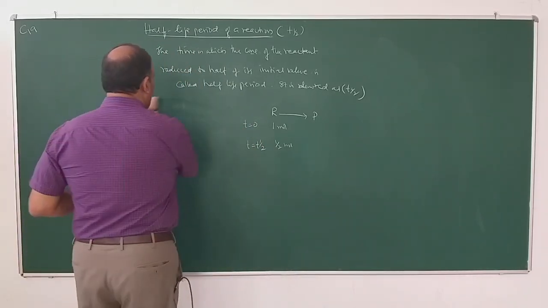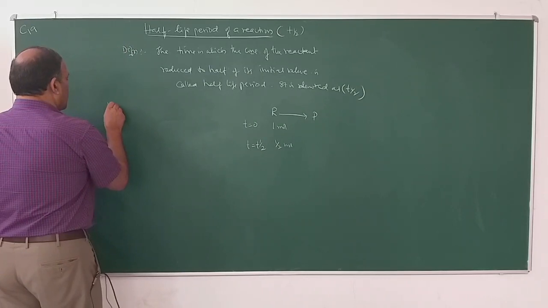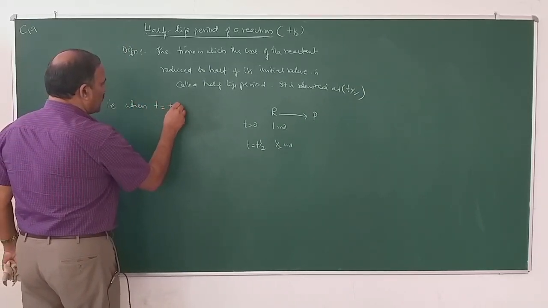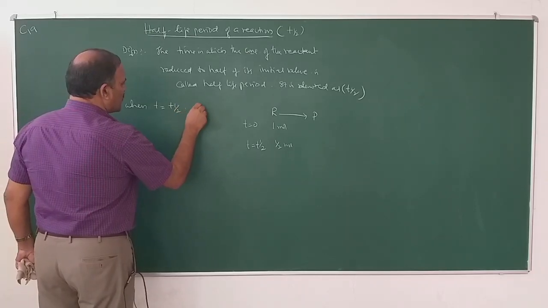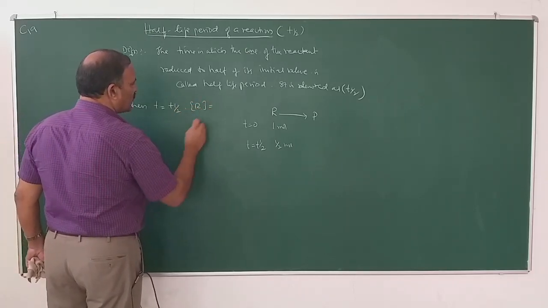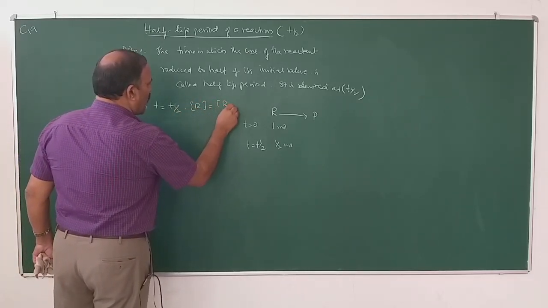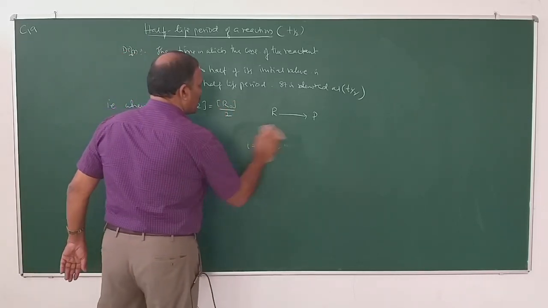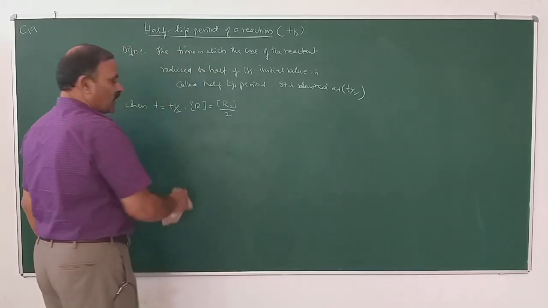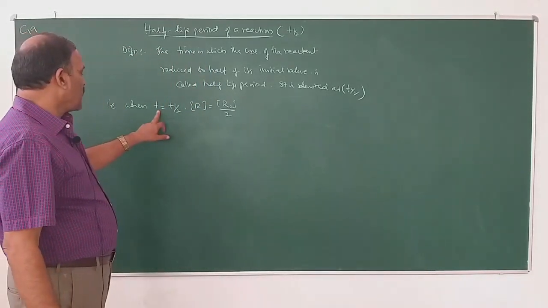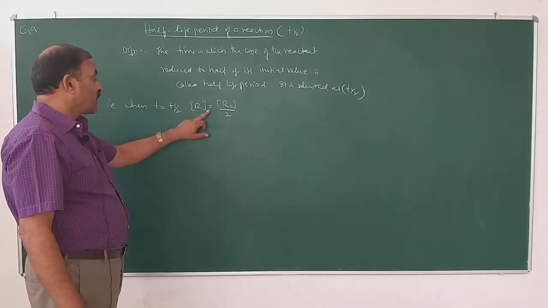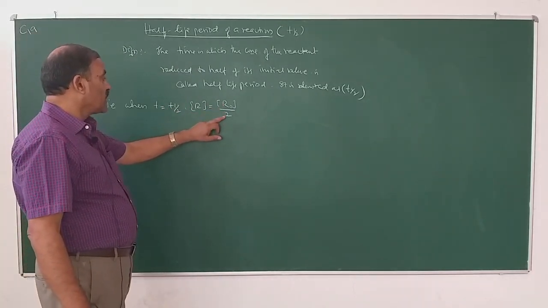That is, when t equals t1/2, the concentration of the reactant is equal to [R]0 by 2. So this is the meaning of the definition. When the time is the half-life period, the concentration of the reactant is equal to half of its initial value.